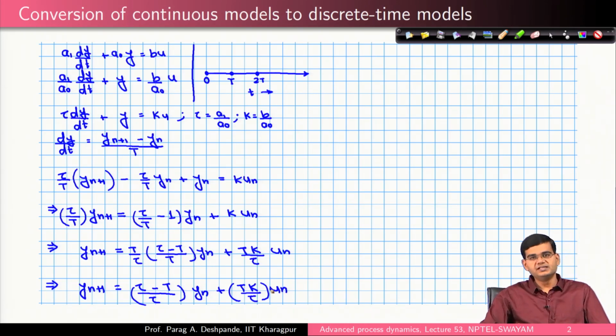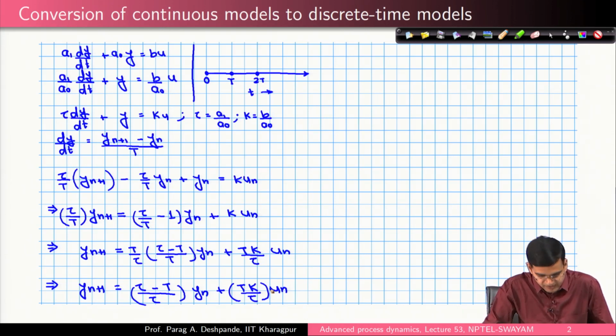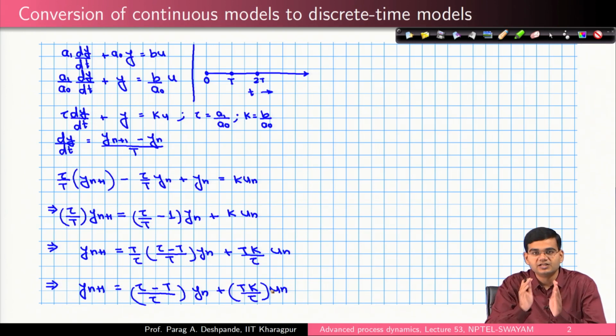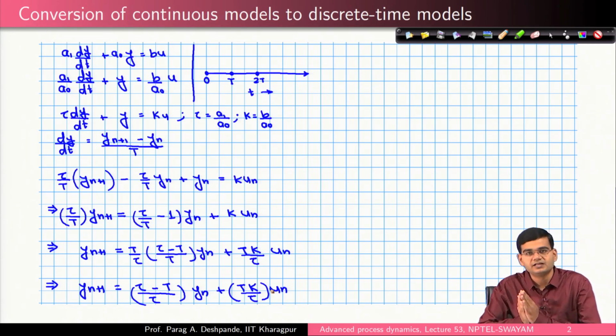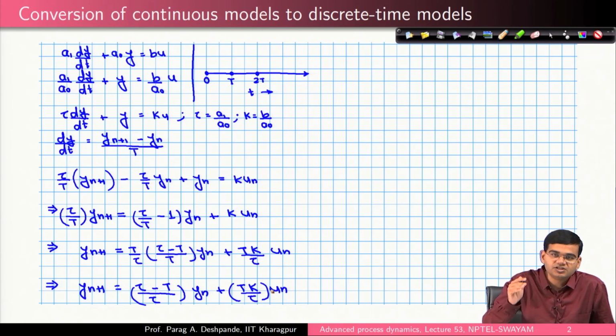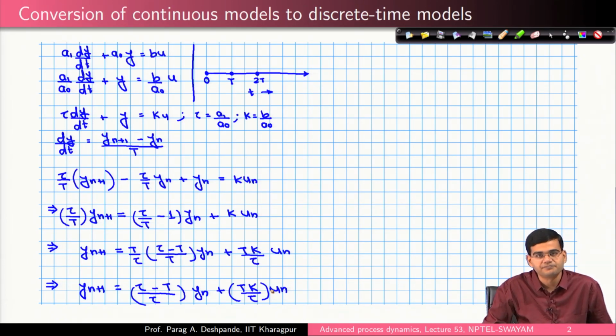This is my discrete time model for a first order dynamical continuous equation. Let me repeat, y n plus 1 is equal to (tau minus T) upon tau times the value or intensity of the function at the current instant of time plus T K upon tau times the intensity of the forcing function at that instant of time.